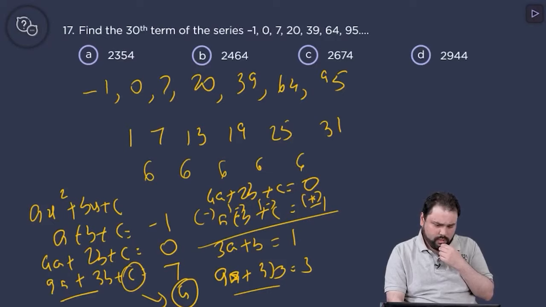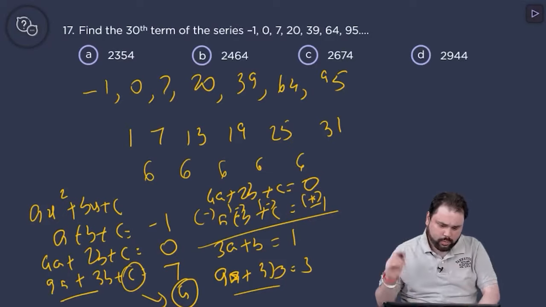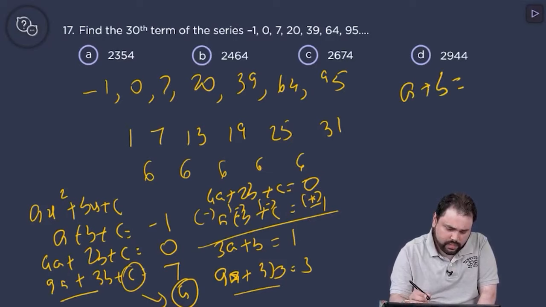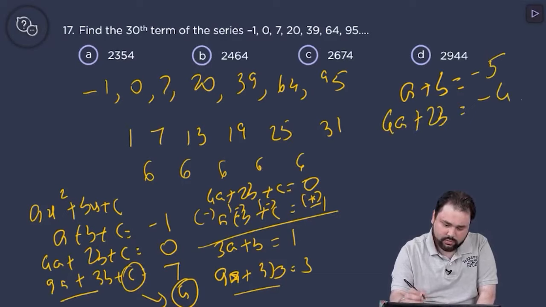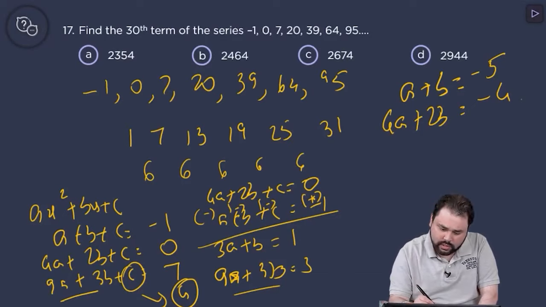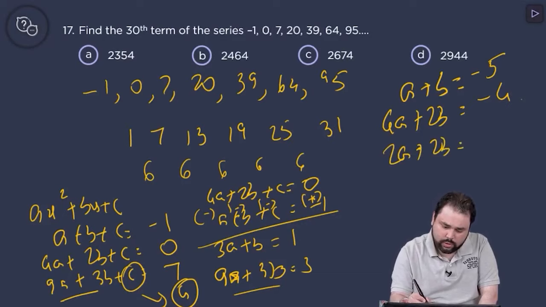I have c is 4. So let's put it in the first two equations. I get a plus b is equal to minus 1 and then minus 4, so minus 5. And I have 4a plus 2b is equal to minus c, which is minus 4. So I can say 2a plus 2b is minus 10 from here.